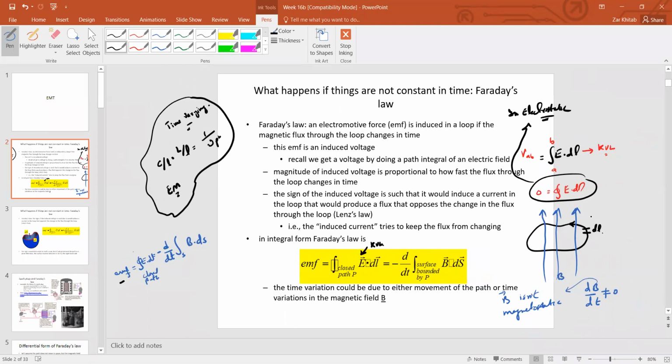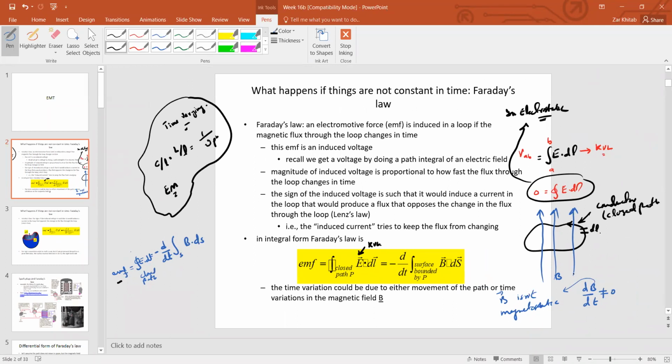So say this is a conductor, and a closed path, and B is time varying. By time varying, we mean its time derivative is not zero. Then it produces a voltage in this path. There's an EMF in this path.